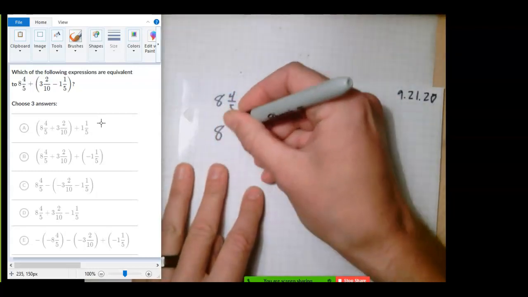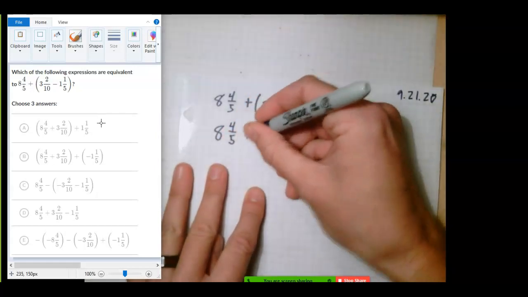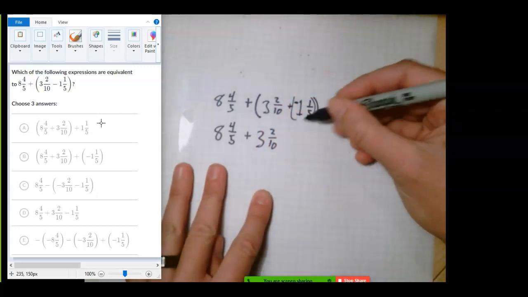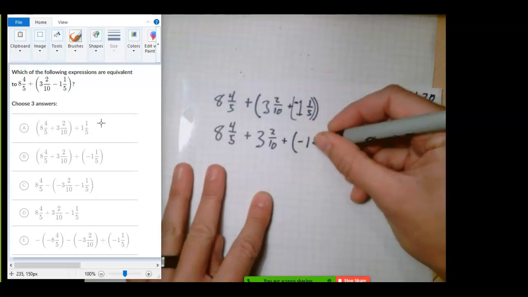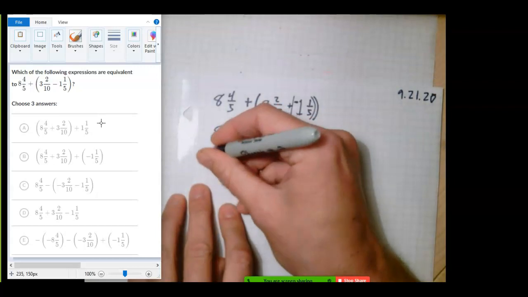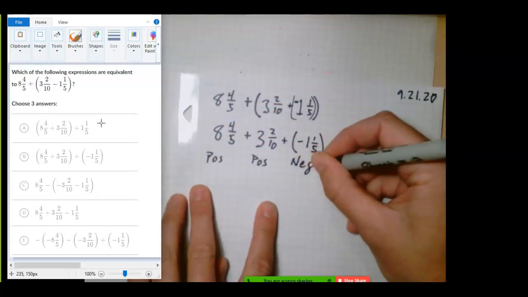So really my 8 4/5 stays 8 4/5. My 3 2/10 stays 3 2/10. And my negative 1 1/5 stays negative 1 1/5. So we have positive, positive, negative.